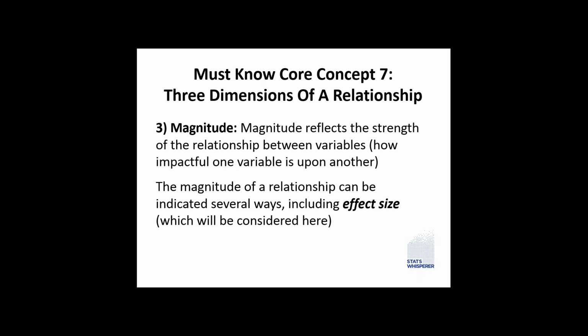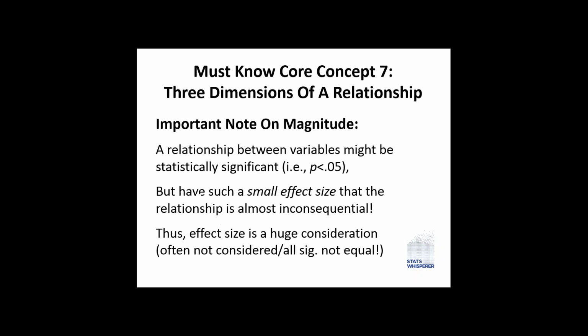That leaves out a big part of the story, as we will see. So the magnitude reflects the strength of the relationship between variables. And that is as exciting as it sounds. So how impactful is one variable upon the other? The magnitude of a relationship can be indicated in several ways, such as the effect size, a very popular one, which we will use right here.